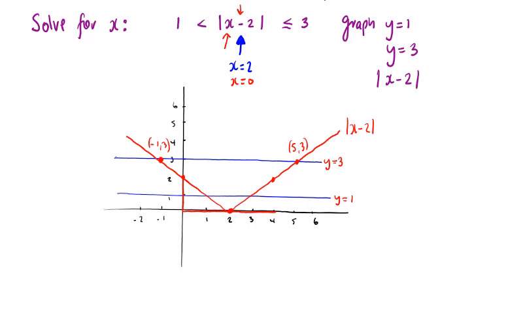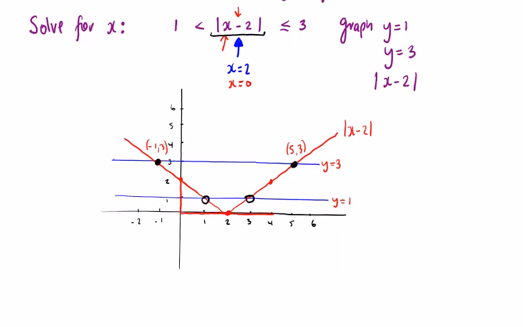So we look at our overall solution. We're asked, when is this modular equation between these two lines? Now we have less than or equal to, it's a bit like the real numbers when we're coloring in the number line. It's less than or equal to 3. And I'm just going to put a circle around these two values here and not color them in. So we're asked, when is this modular equation between these two y values? So on the left hand side here, if I'm looking at this point and this point, my x values are between 1 and -1, and it's less than or equal to -1, because that's on the line y is equal to 3.